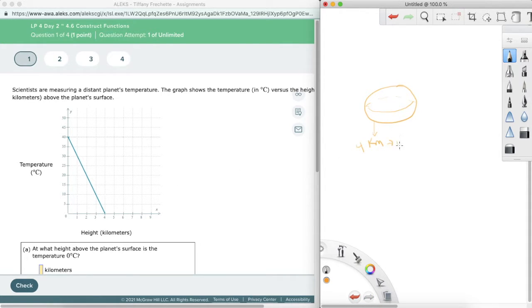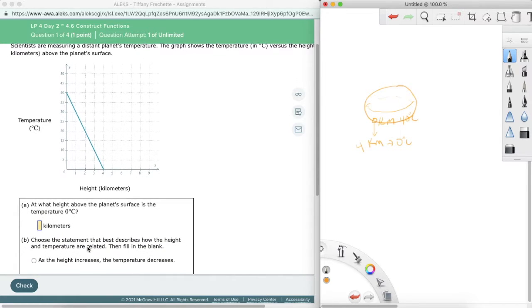So it's showing us that the farther away I get from the planet, the colder it's getting. We can see as one is increasing, the other is decreasing. I have this negative slope.